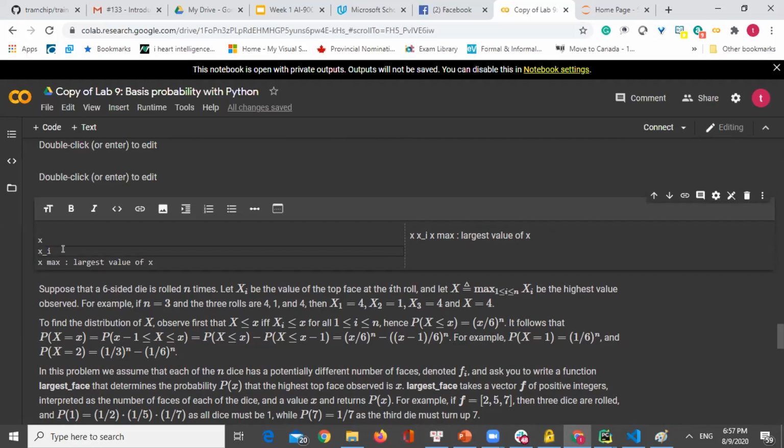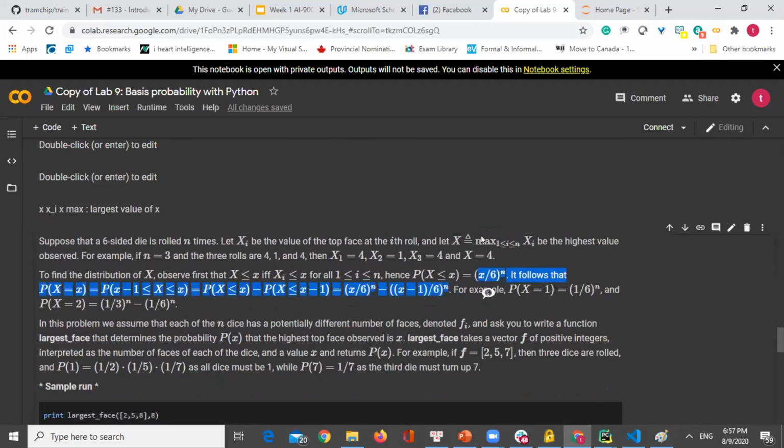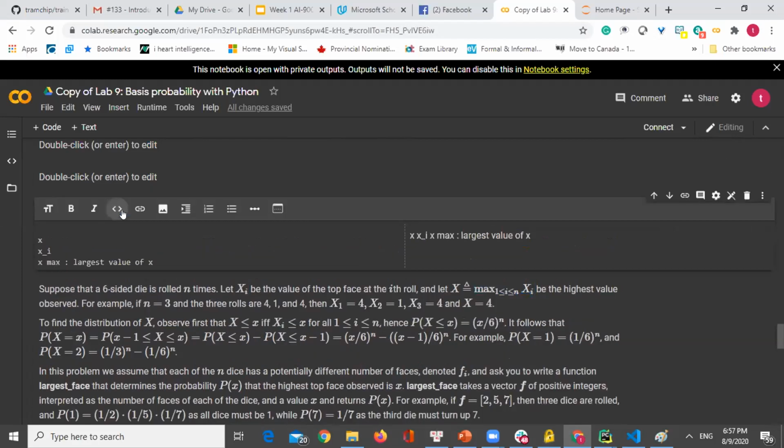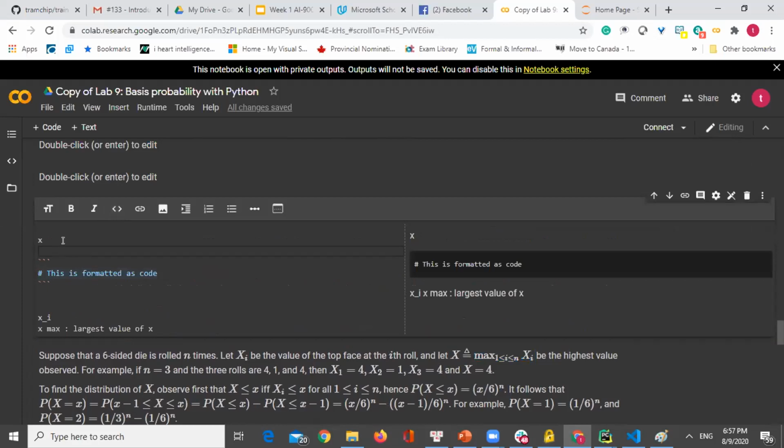In here it said X. The big X is the maximum value among x1, x2, x3, up to xn, right? Okay, X is the maximum value of x1, x2, x3, till xn.